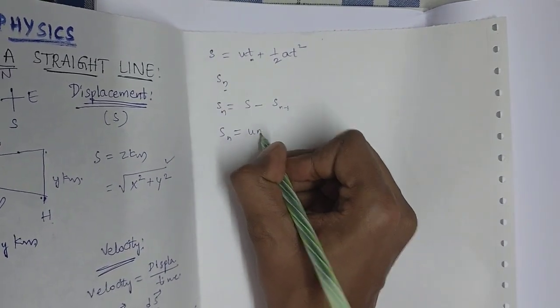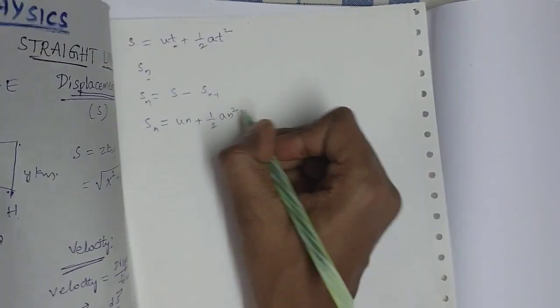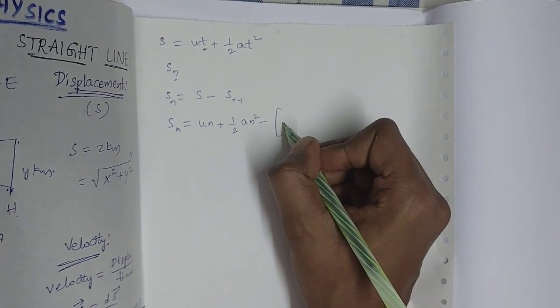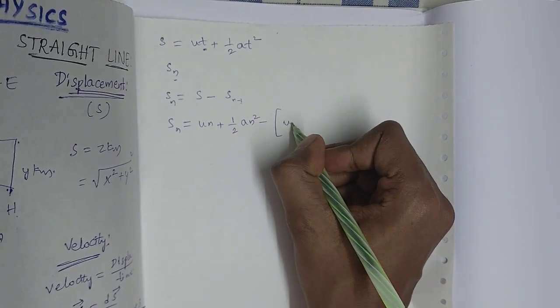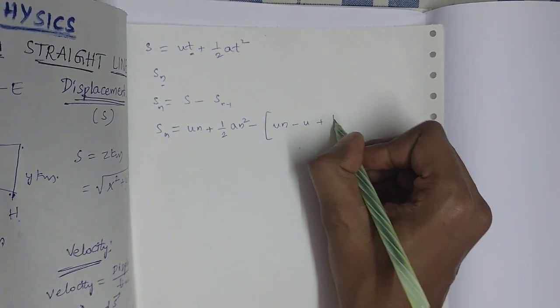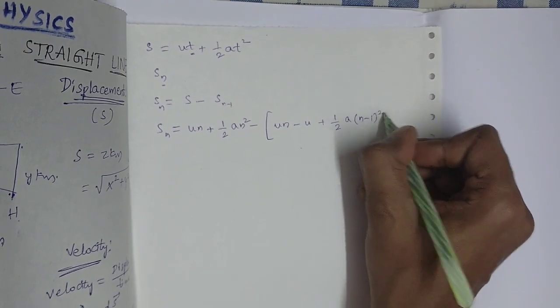So, un plus half a n square minus u into n minus 1 plus half a into n minus 1 whole square.